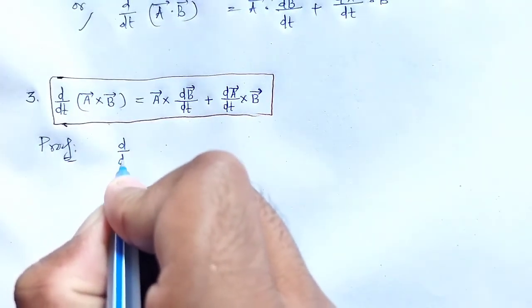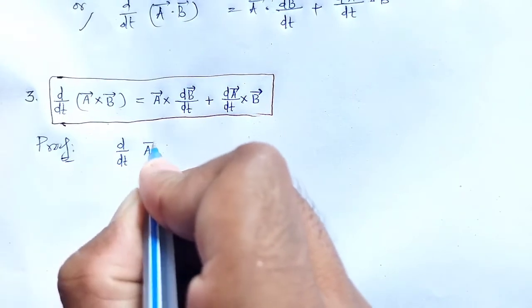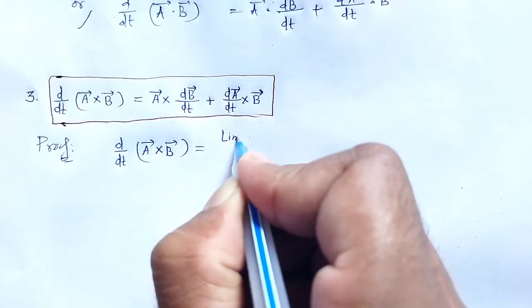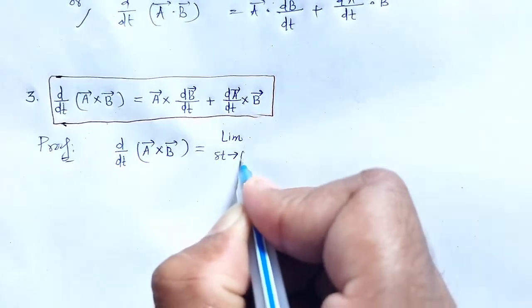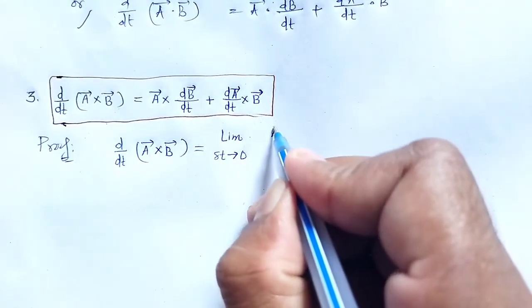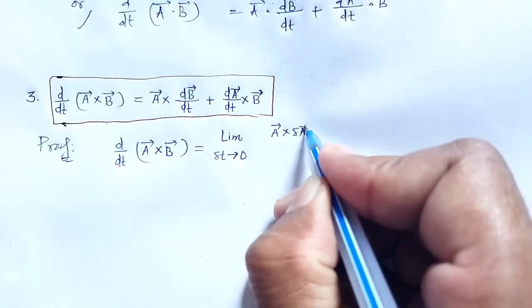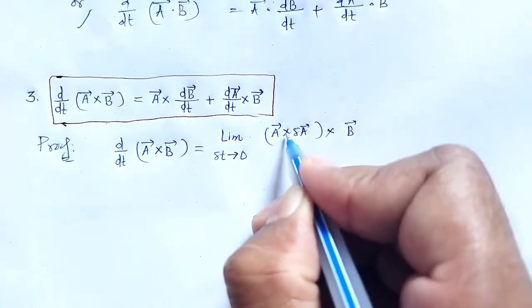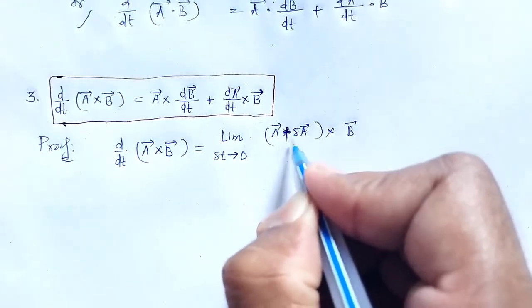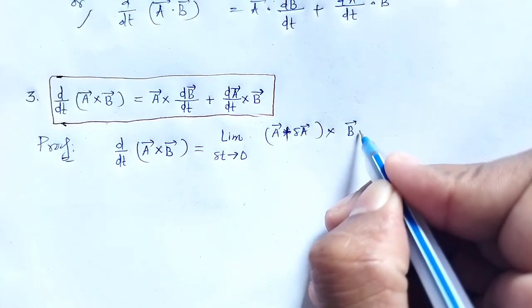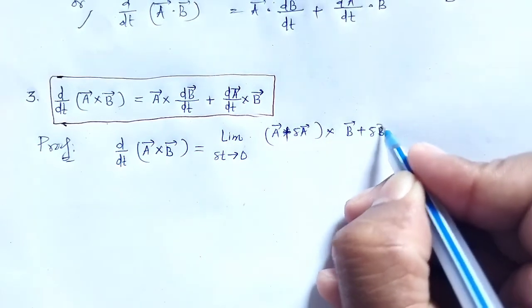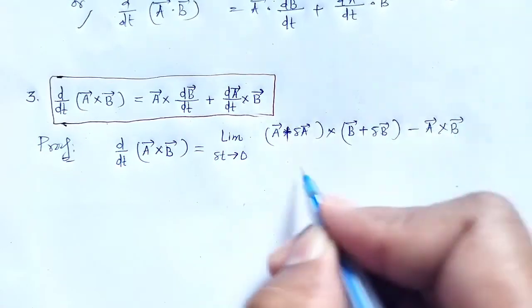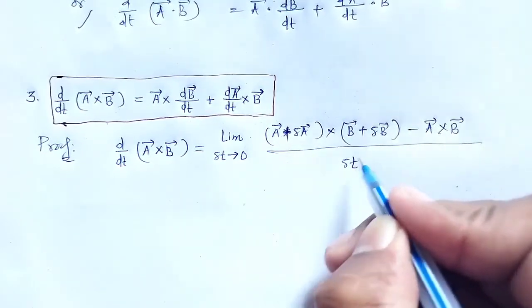d/dt of (a × b) is equal to the limit as Δt tends to 0 of [(a + Δa) × (b + Δb) − a × b] divided by Δt.